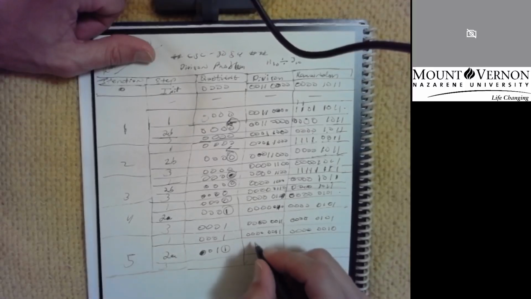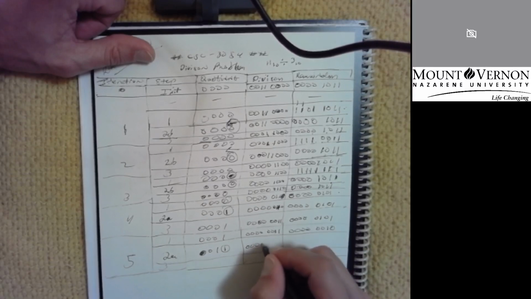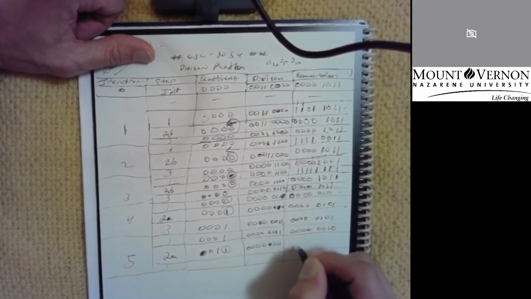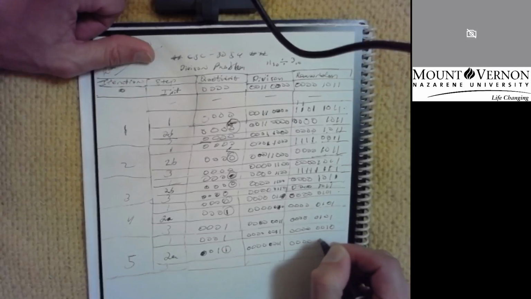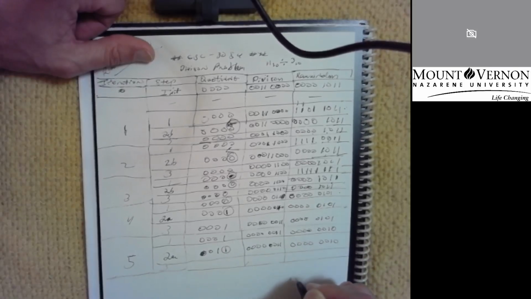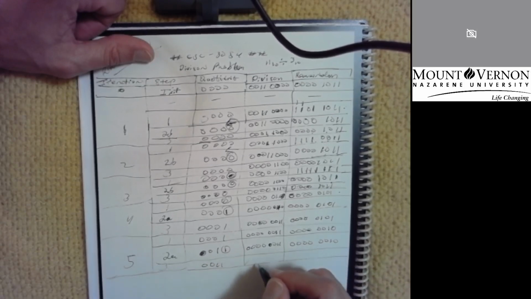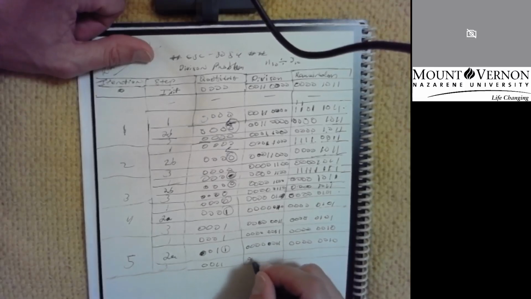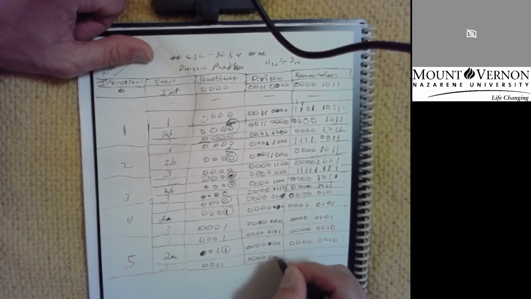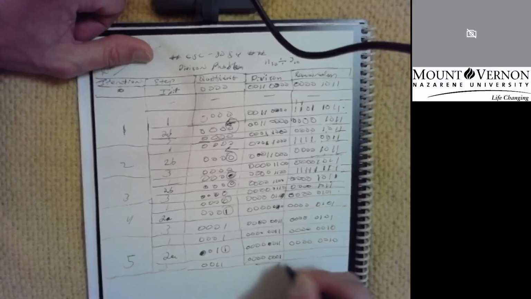Imagine there were more zeros out there. I apologize for the background noise. And then we shift the divisor over by 1 bit. It's now 1, right?